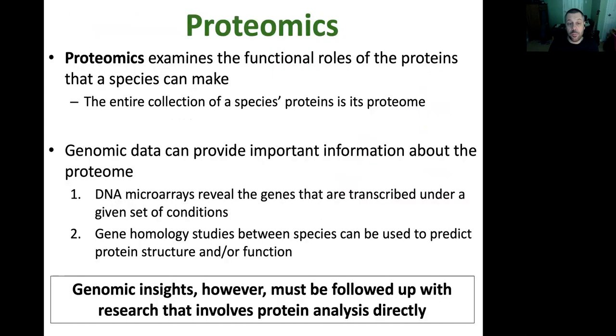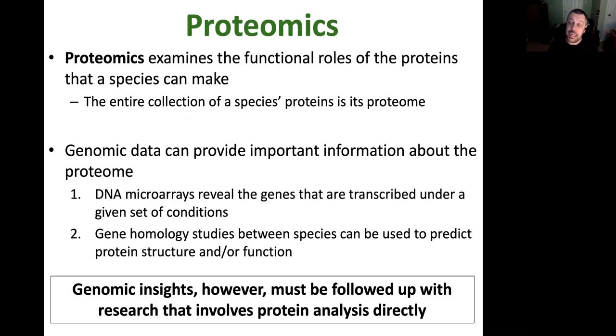So the proteome, again, I'm sure you're getting the hang of this terminology. We live in the world of ohms these days. The entire collection of proteins in a cell is called its proteome. And the proteome of any particular cell is actually not completely predicted from its genome.